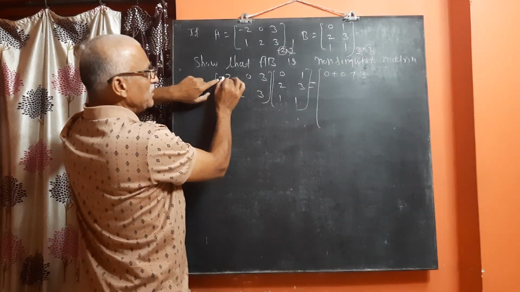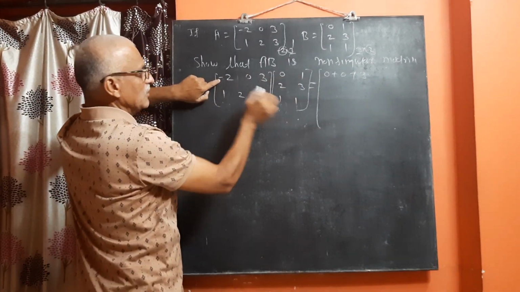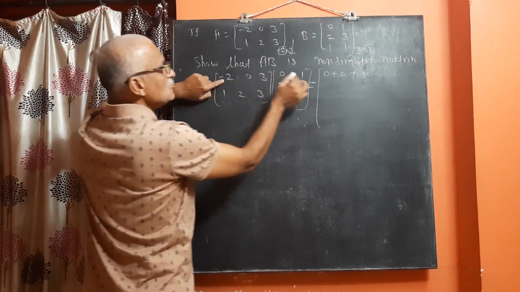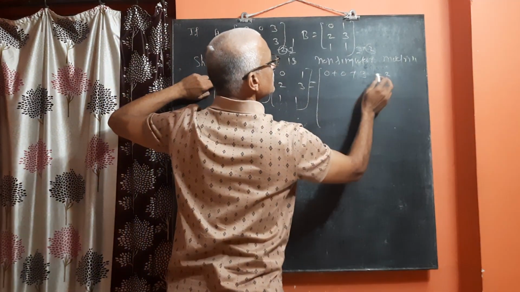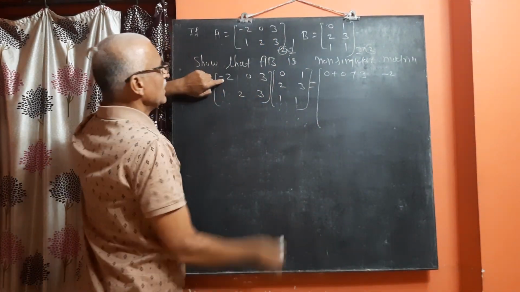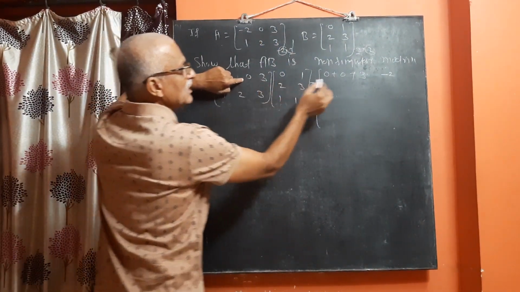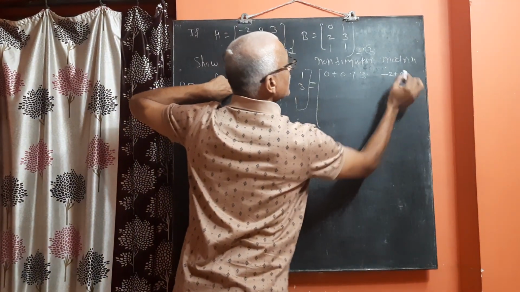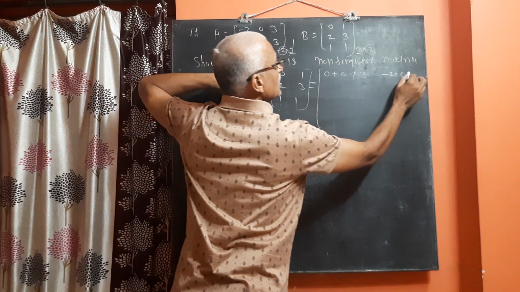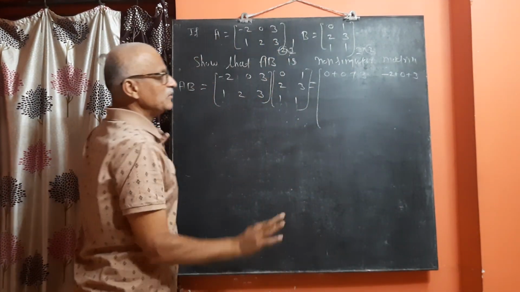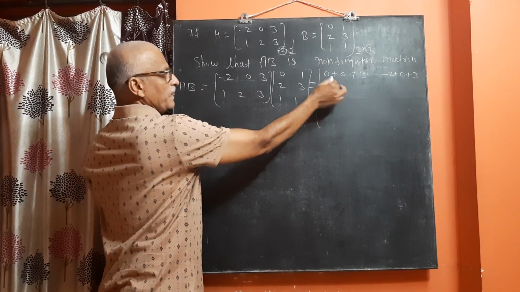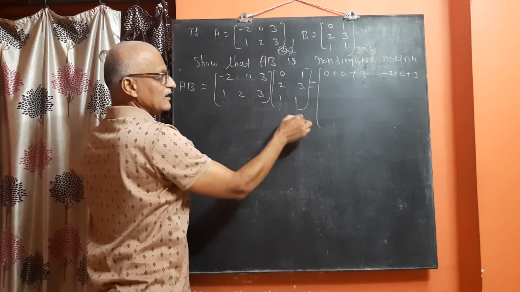That is the multiplication of the first row into the first column. Then the multiplication of the first row into the second column: -2 into 1 is -2, 0 into 3 is 0, 3 into 1 is 3. First row, first column is this one; first row, second column is this one.